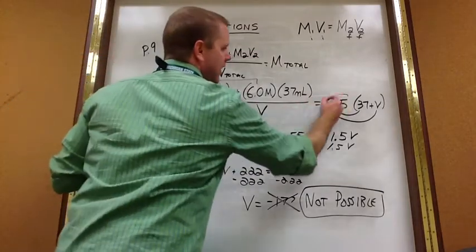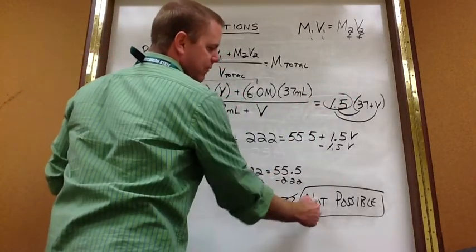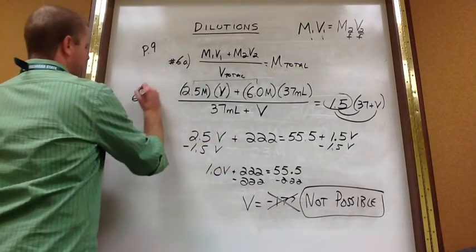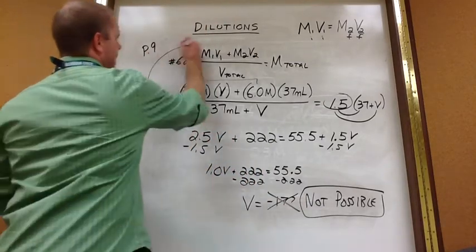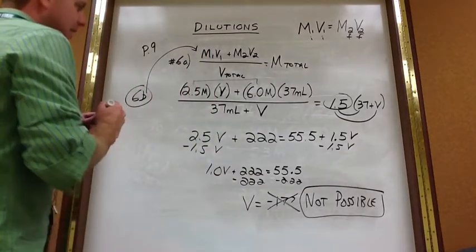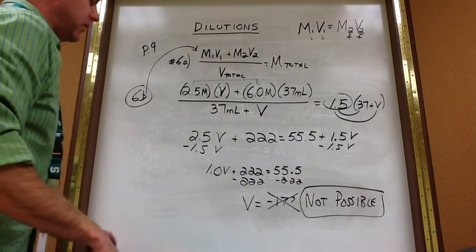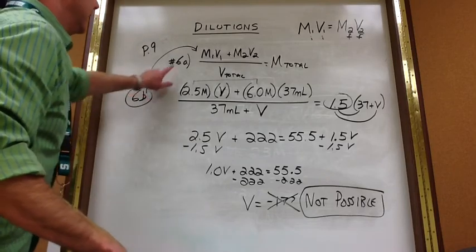So it makes no sense that 1.5 is possible. Therefore, does this answer make sense? Yes. Now, 6b is the exact same process, and it is possible. I wanted to do this one because if you read the directions at the top of the page, it says one of the problems isn't possible. It's 6a.